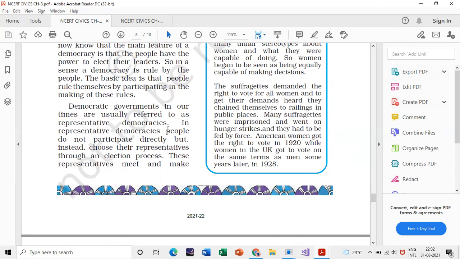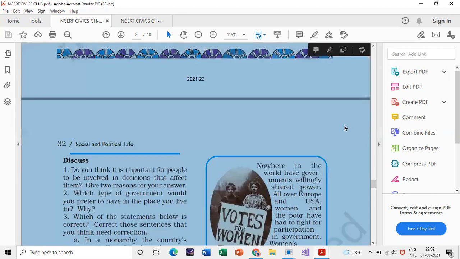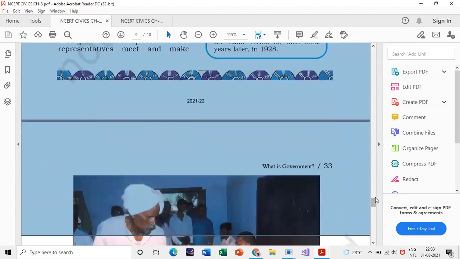In a representative democracy, people do not participate directly, but instead choose their representatives through an election process, and these representatives meet and make laws.